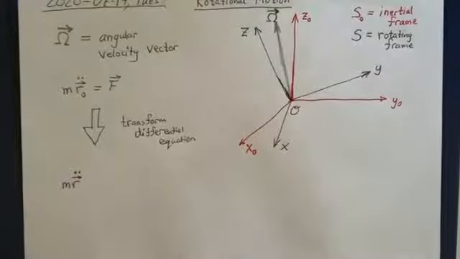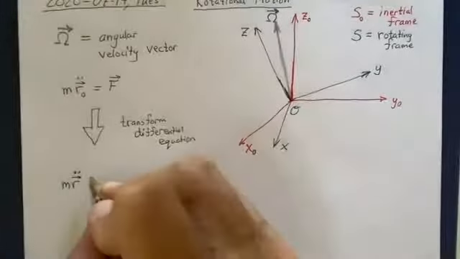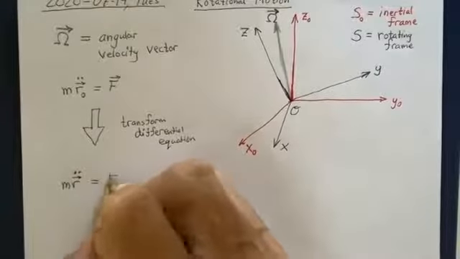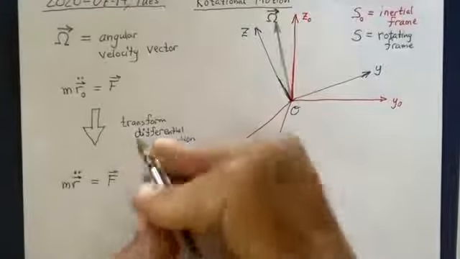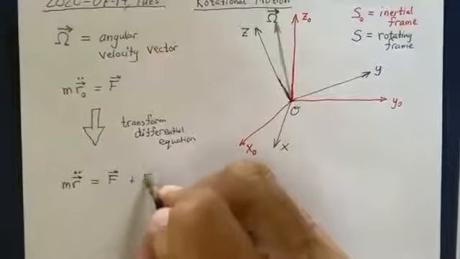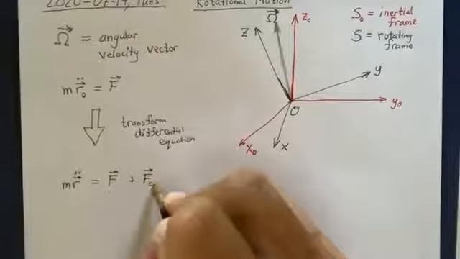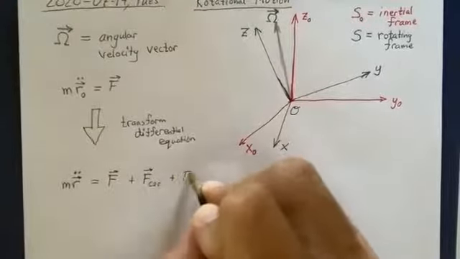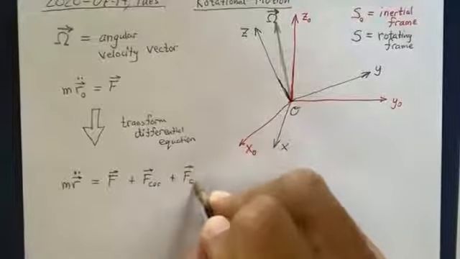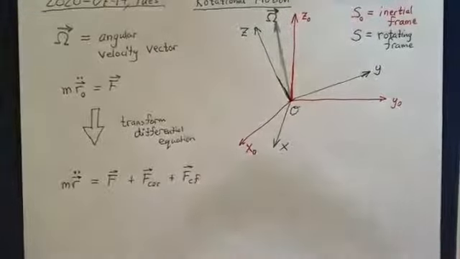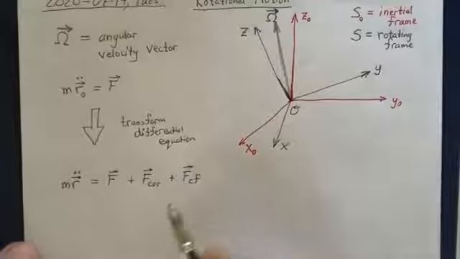We have the mass times the acceleration in the S frame, that's the rotating frame. Okay, so this is the remarkable result.